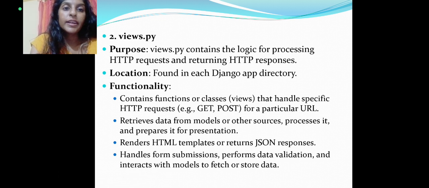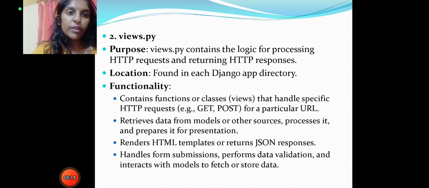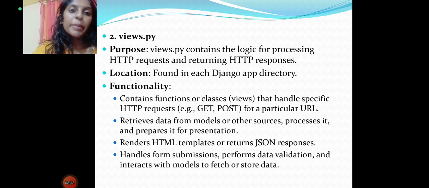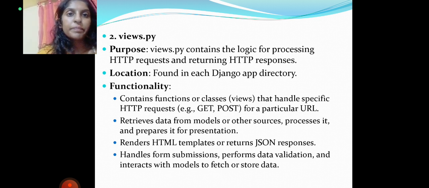It retrieves data from models or other sources, processes it and prepares it for presentation. It also helps to render HTML templates or return JSON responses, and it handles form submissions, performs data validation, and interacts with the models to fetch or store data.